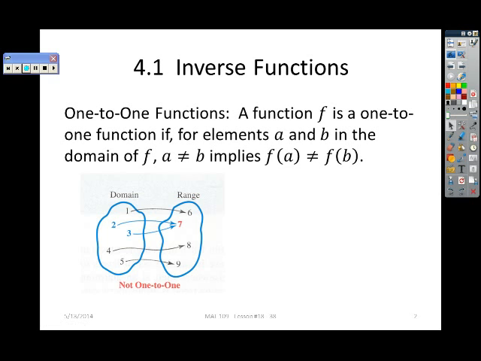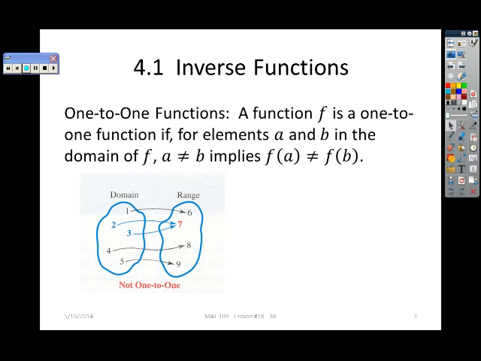So here is an example. Okay, here's a domain and a range. This is a function because we only have arrows beginning from one point. We don't have two arrows beginning from the same point.